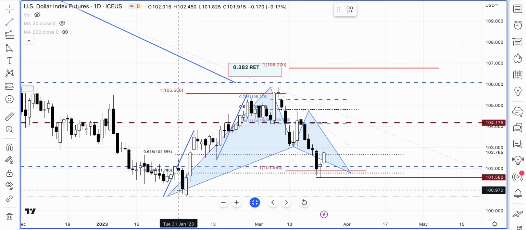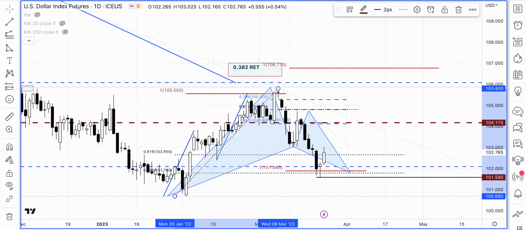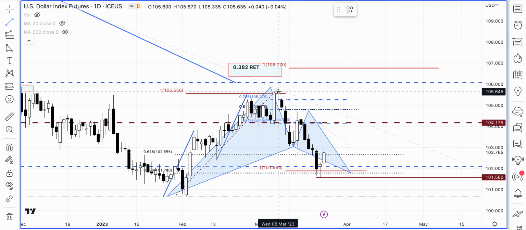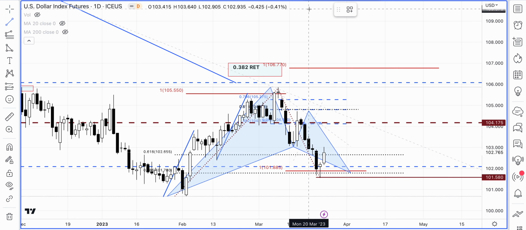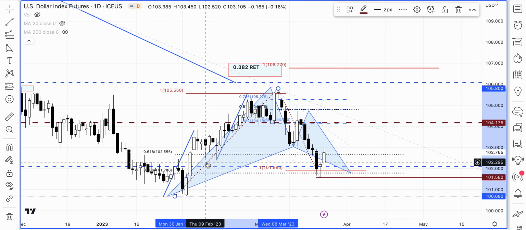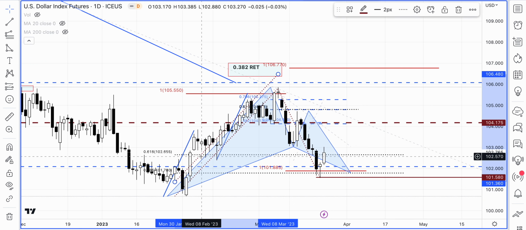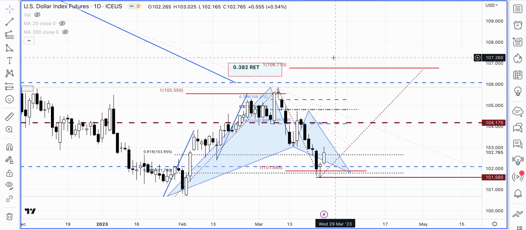So let me actually draw it this way because it's going to be a little bit visually easier to see. And then what we are looking at is this, and then I am just going to clone this, and we are just going to boom.